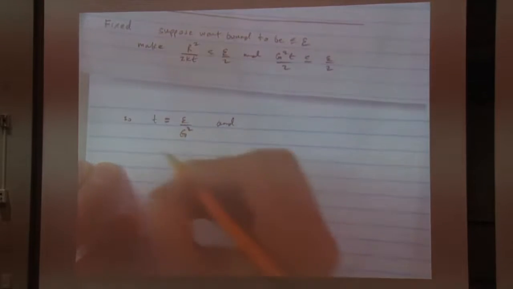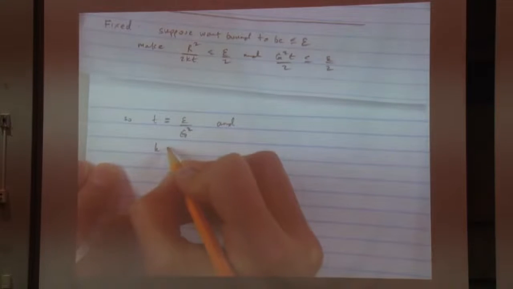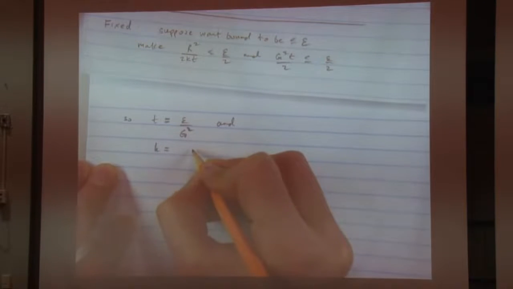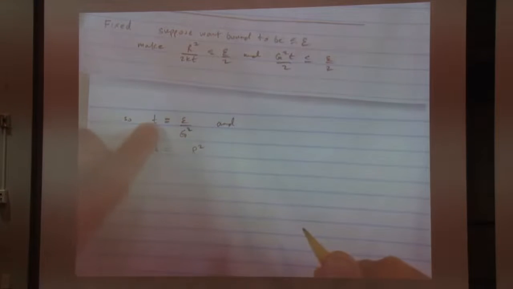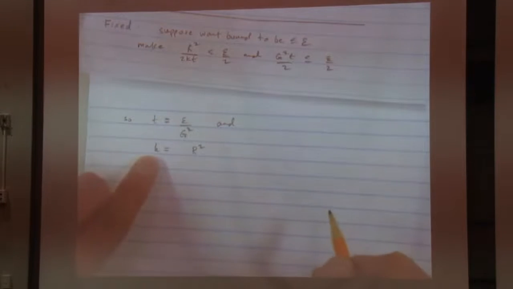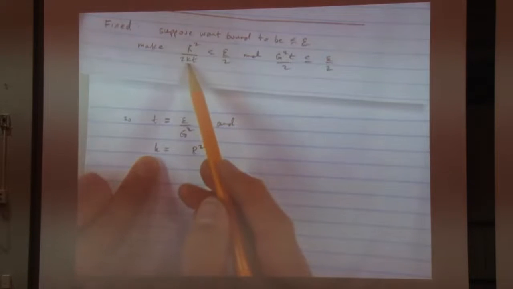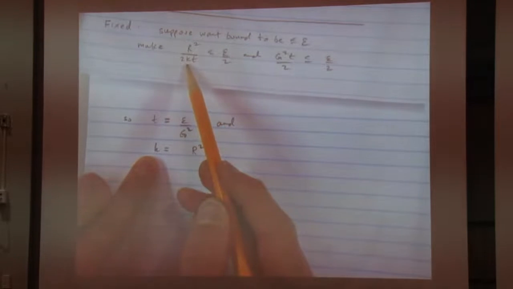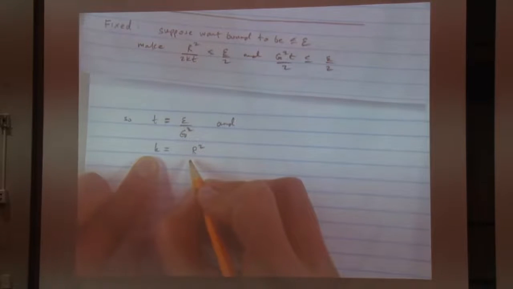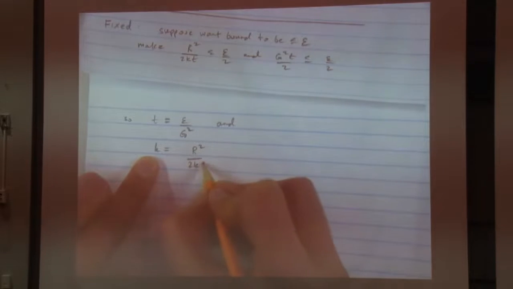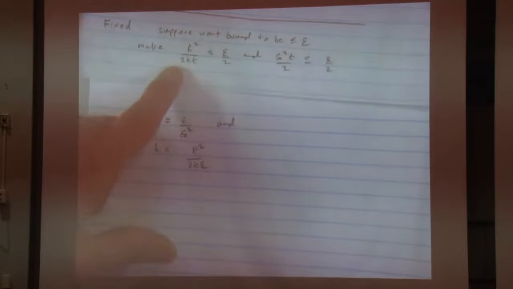And now this tells us as a result that we have to take k equal to r squared. No, is that right? Yeah, that's right, sorry. So now let's rearrange this. And this tells us we have to take k to be at least r squared over 2 times t times epsilon. I'm just rearranging this to get an inequality.